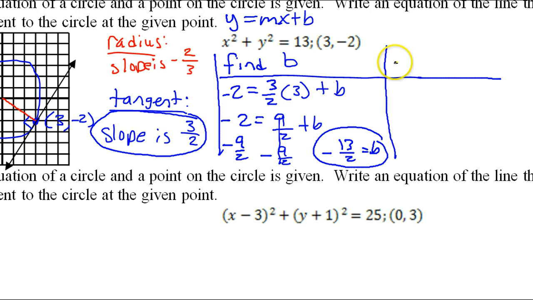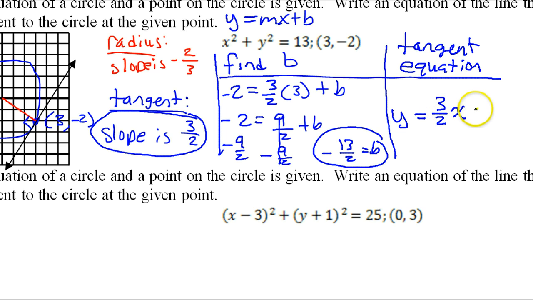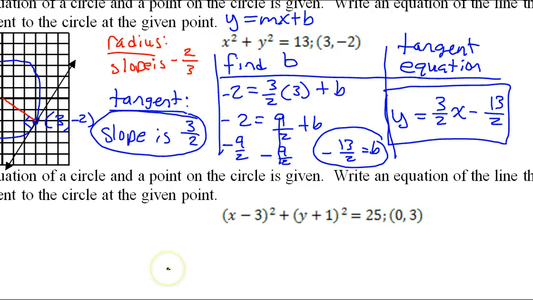So now I can write that equation. y equals 3 over 2 x minus 13 over 2. So y equals mx plus b. And that is how you find the equation of the tangent line.